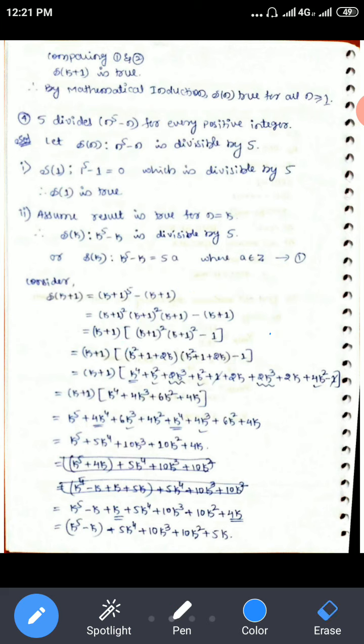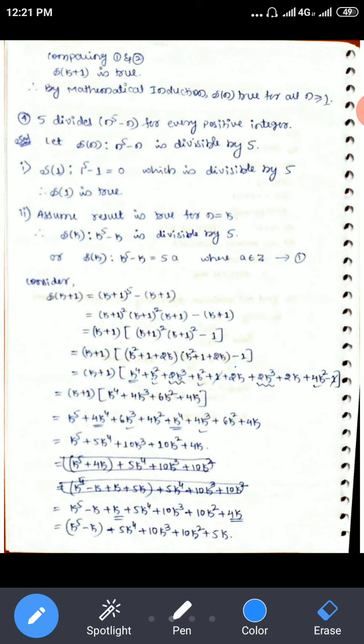Then 1 into k square plus 1 plus 2k, that is k square plus 1 plus 2k. Next 2k into this: 2k into k square is 2k cube, 2k into 1 is 2k, 2k into 2k is 4k square, minus 1.